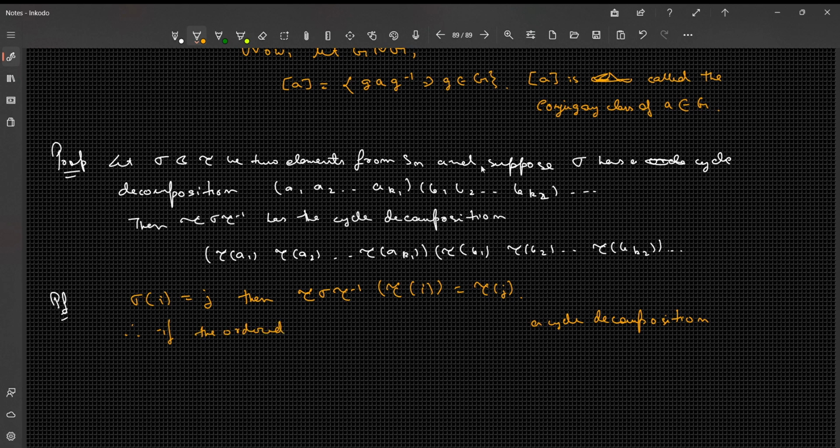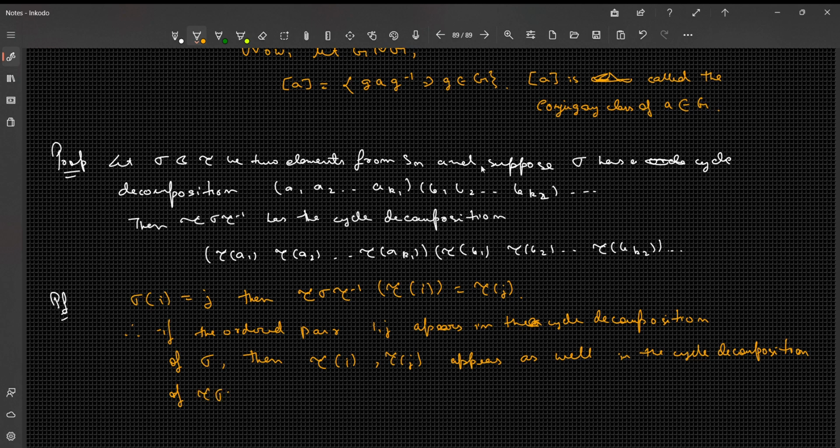So if the pair i j appears in the cycle decomposition of sigma, then tau i tau j will obviously appear as well in the cycle decomposition of tau sigma tau inverse. Clear? And that is pretty quick from this fact.